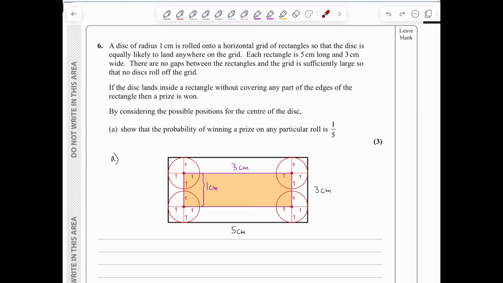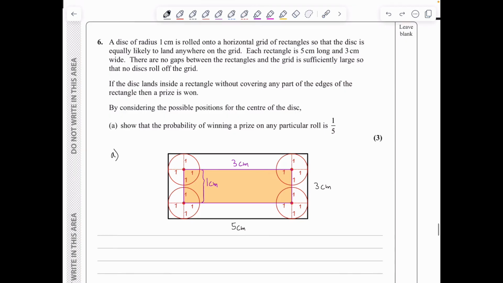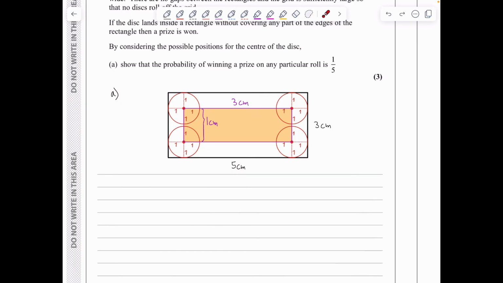Therefore we can calculate the probability of winning a prize simply as this area divided by the total area. So the probability of winning a prize is 3 times 1, the area of the inner rectangle, over 5 times 3, which is the area of the original rectangle, which gives an answer of a fifth as required.